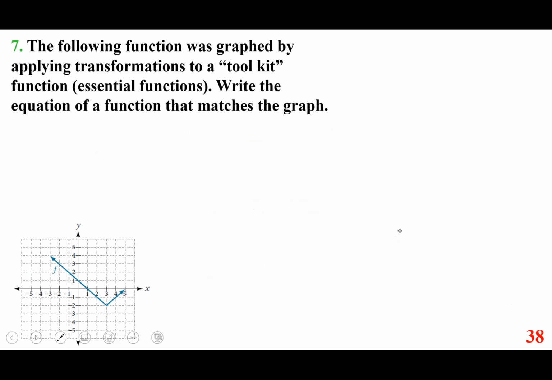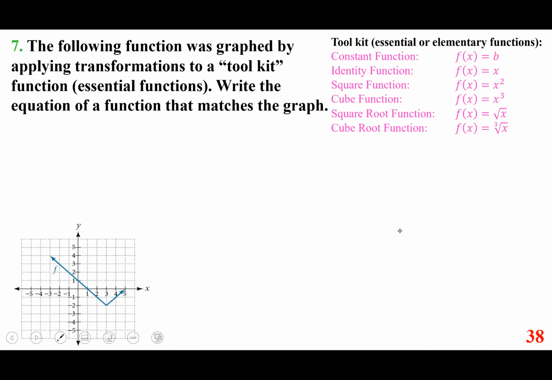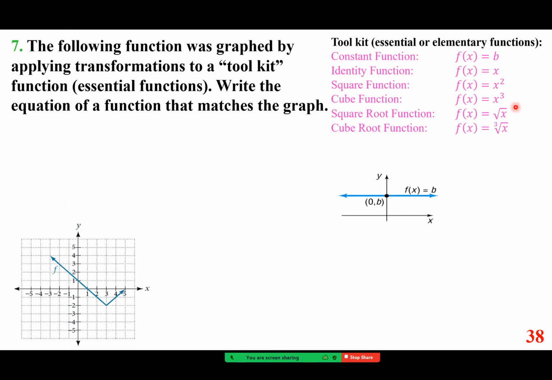So the following function was graphed by applying transformation to a toolkit function or essential function. Write the equation of the function that matches the graph. First and foremost, there are many graphs you got to be very comfortable with. They're called elementary functions. There are different terminologies for them: toolkit, essential, you name it, such as constant function, identity function, square function, cube, so on and so forth. So take a look.